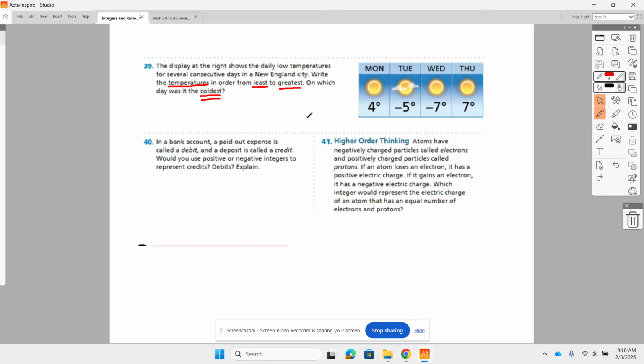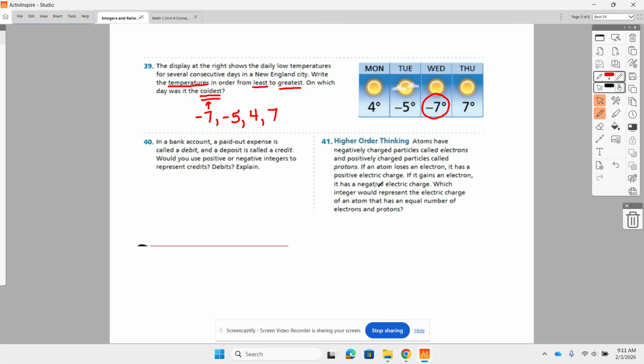Think for a sec. Okay, if you were thinking Wednesday, you're on the right track. That's the furthest into the negatives. So -7 would be our coldest, and then Tuesday, and then Monday, and then Thursday.